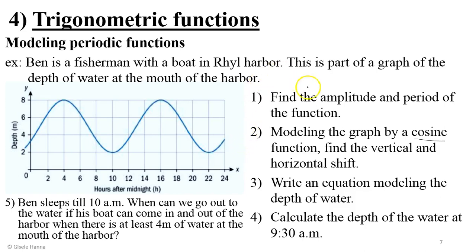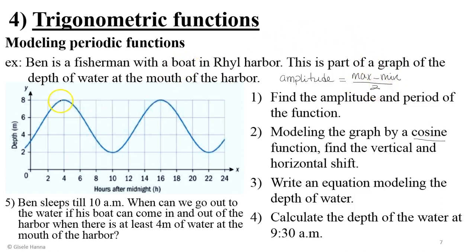So over here in part A, the amplitude, which eventually will be the main coefficient that represents the vertical stretch of the function, is in fact the maximum minus the minimum over 2.